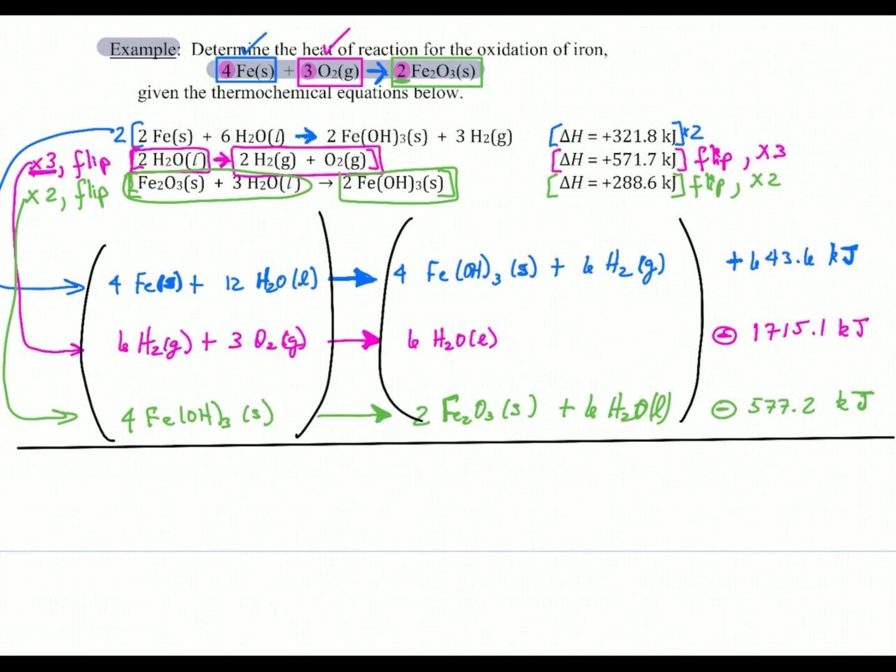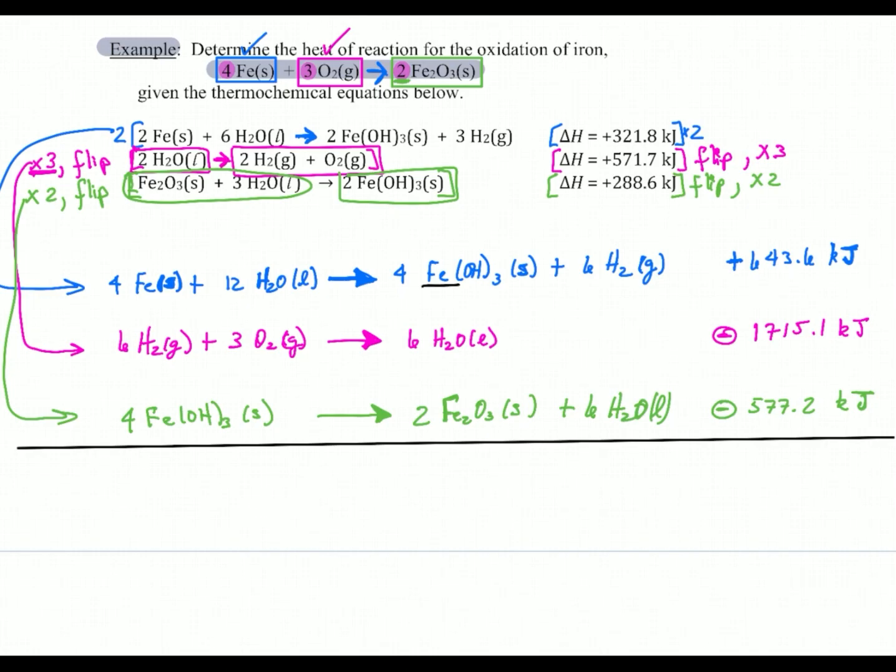If it's on the left and the right, then you can cancel it out. It was just hanging out doing nothing. So let's do that. I see 4 moles of iron solid on the left. Do I see that on the right? No. The only places you see iron on the right are in compounds, not as free iron solid. So this will stay. Can't be canceled.